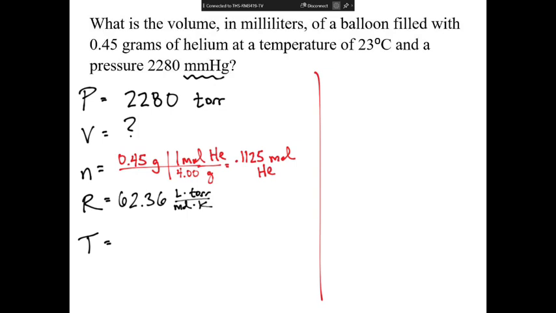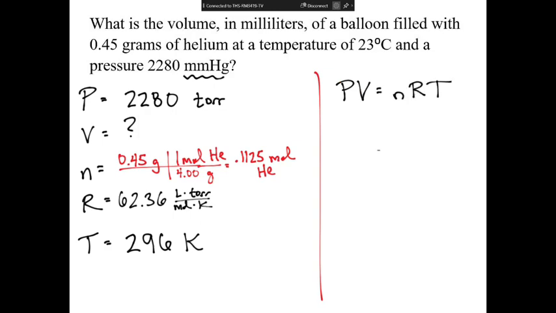And then temperature, what's my Kelvin temp going to be? Is it 296? Is that what it would add up to? 23 plus 273. Yeah. All right, let's go from there. So we're going to use our equation, ideal gas equation, PV equals nRT.